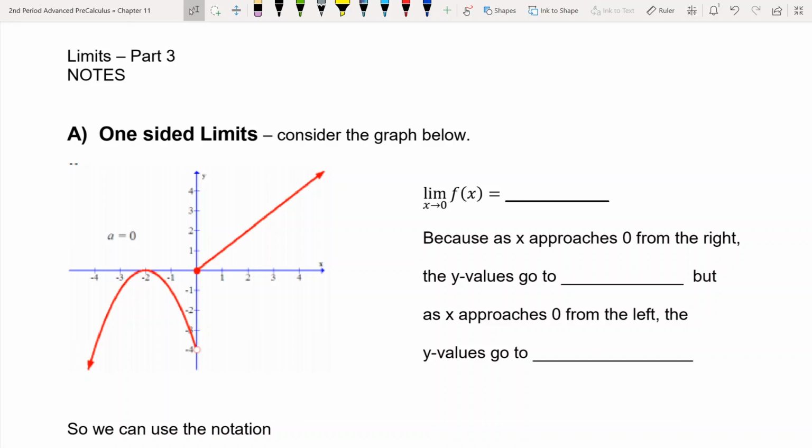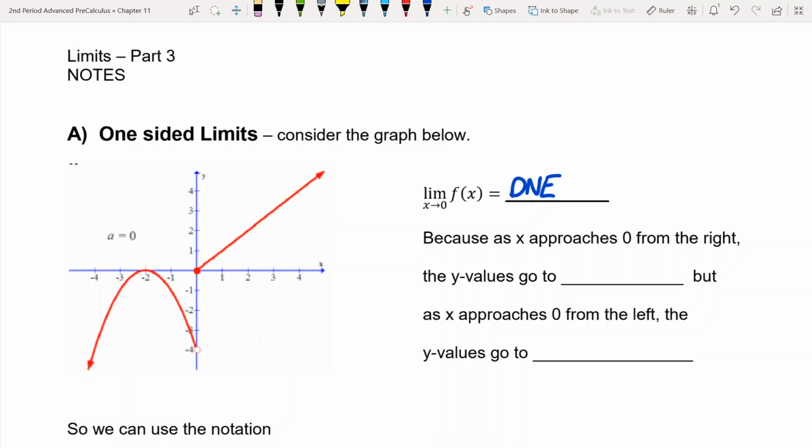The limit as x approaches 0 of f of x, we can say that this does not exist, so DNE. And the reason for that is as I approach 0 over here, I'm getting closer and closer to -4. But if I approach 0 from up here, I'm getting closer and closer to 0. So the fact that -4 and 0 aren't the same point means the limit does not exist.